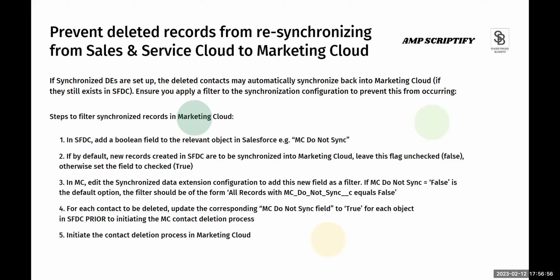Then, if you are clear on this, you can go to your Sales Cloud team, and they will create a custom attribute which defines that these are the records which I don't want to sync into Marketing Cloud because I'm deleting those records in Marketing Cloud. Then you can go to the data source and apply the filter there for that synchronized data extension object, so that it does not get synced into Marketing Cloud again.